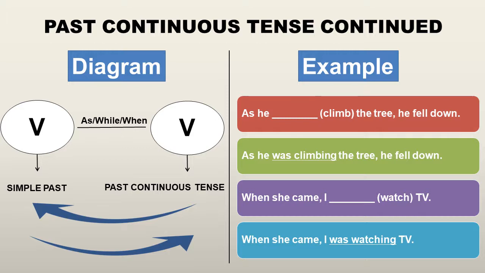We have one verb in simple past tense, that is came, and the other verb we have to work on. If we look at the diagram, three parts, we have two parts in the given sentence. So the third part will definitely be past continuous tense. So your answer would be: when she came, I was watching TV.